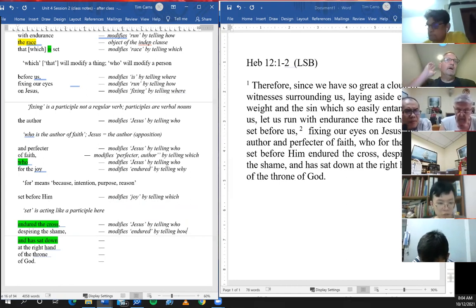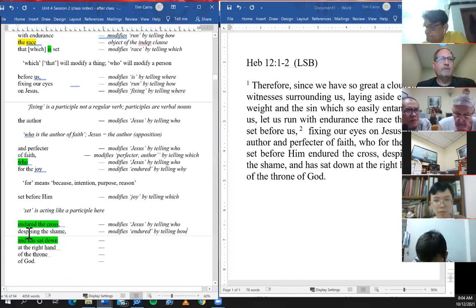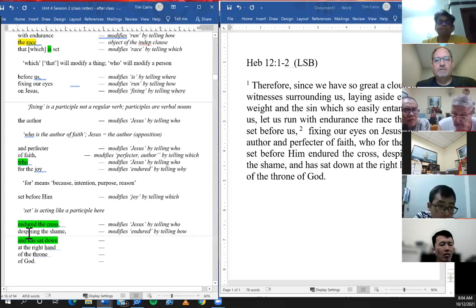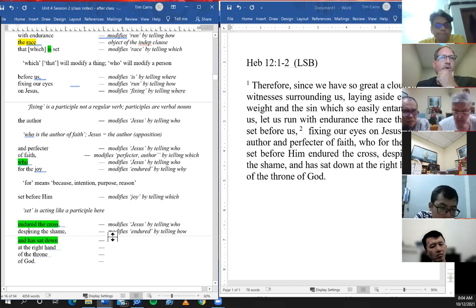Good. How did he endure? By despising the shame. Again, it's a participle here, modifying the action, describing the action. All right, good. That was one of the harder sections of this passage, those phrases. So very great job. Okay.